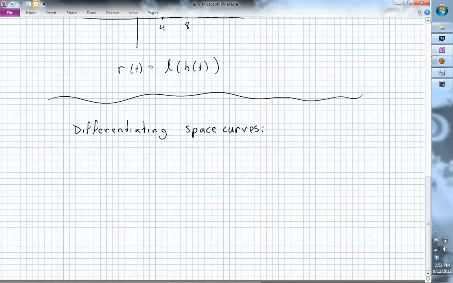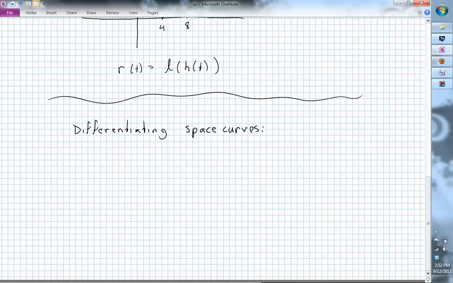I'm going to describe differentiation in both what I'll call an algebraic mode, where I'm interested in simply how you compute the derivative. For example, if I say, what's the derivative of t squared plus t? You tell me 2t plus 1, right? That's computational, that's algebraic. We want to talk about that. How do you differentiate these space curves?